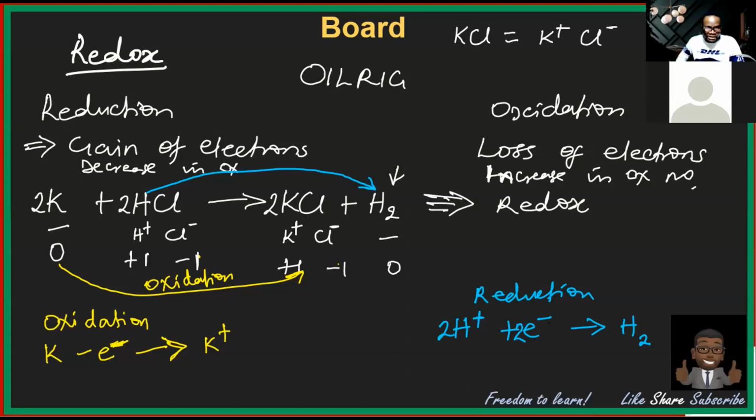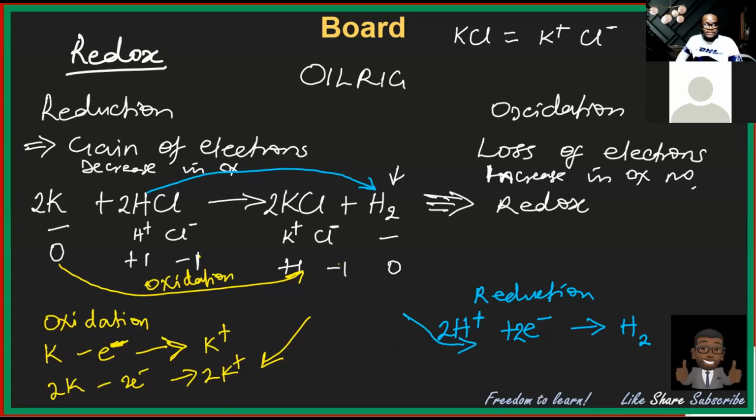Okay, so we got that. Because the number of electrons lost must be equal to the number of electrons gained, I will also say we have 2K minus 2e to give us 2K+. So you can see we have a half equation. This is called a half equation that represents oxidation. Then we have another half equation that represents reduction.